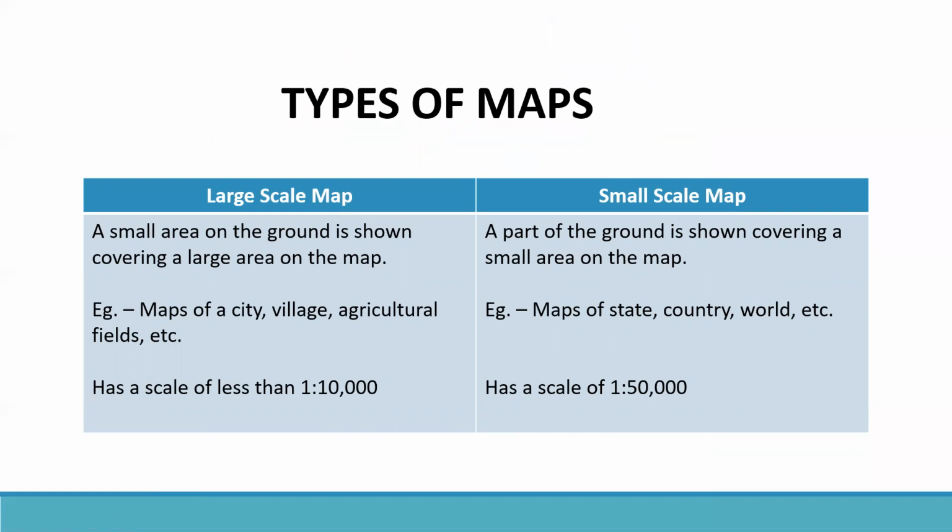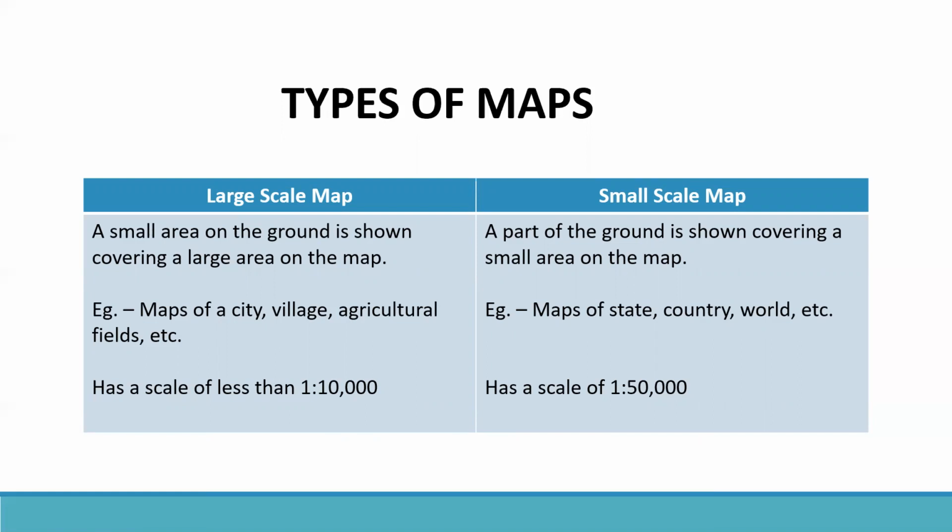A small area on the ground is shown covering a large area on the map. What are the examples? Maps of a city, village, agricultural field, building, school. Now the scale on these maps is always less than 1 is to 10,000. Such maps are known as large scale maps.